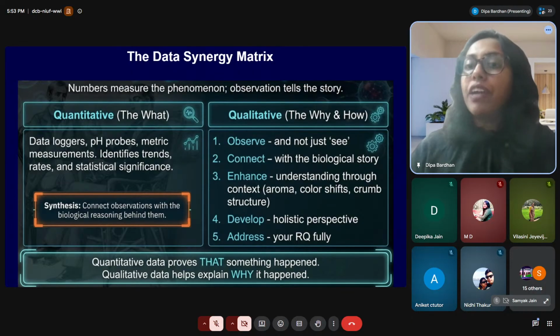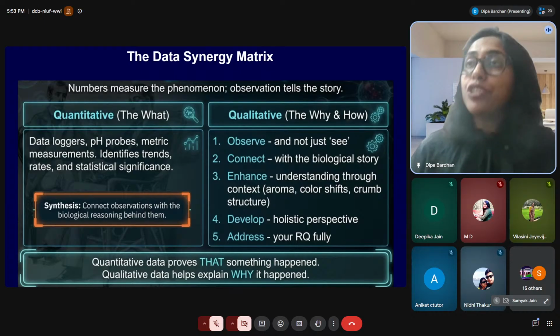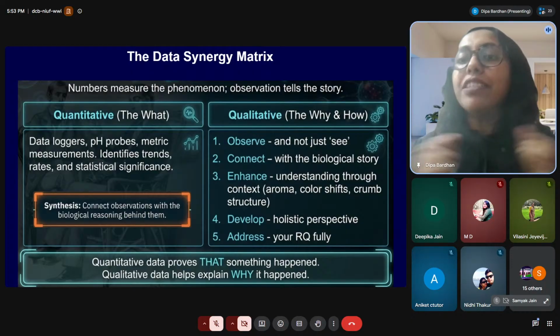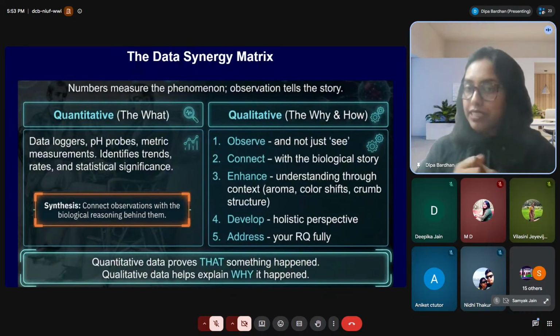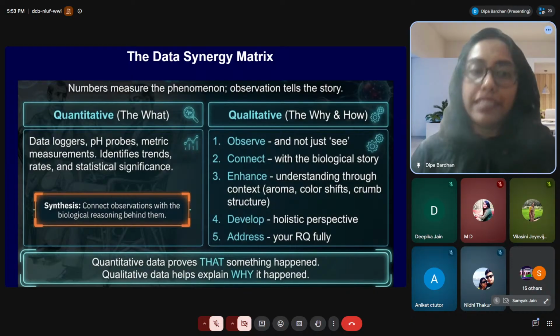You observe, you connect with the biological context, you can improve your method using the qualitative data, and that will address your RQ completely.